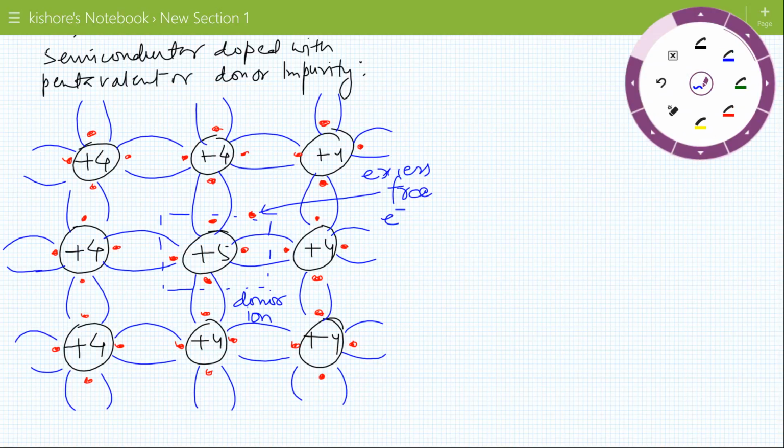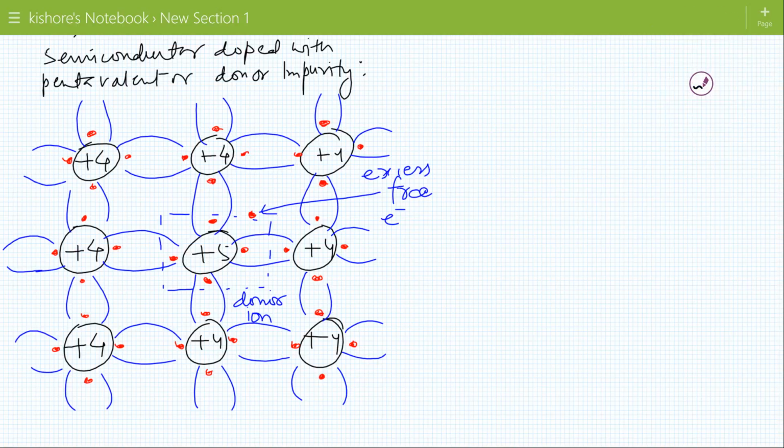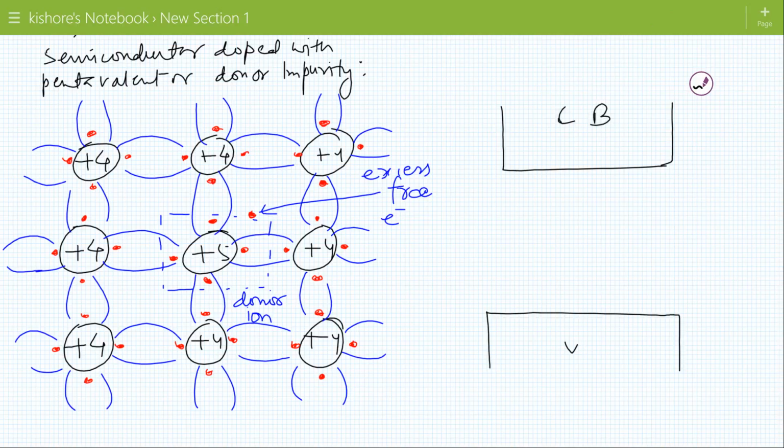Now we can show this in the form of an energy band diagram also. Conduction band, valence band, and this is EI, the intrinsic energy level.